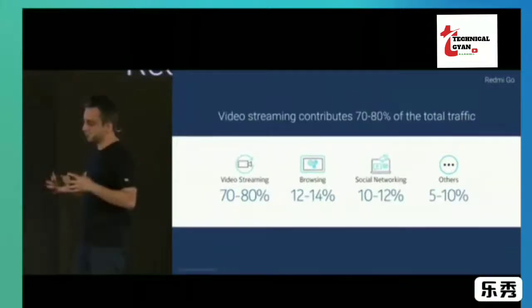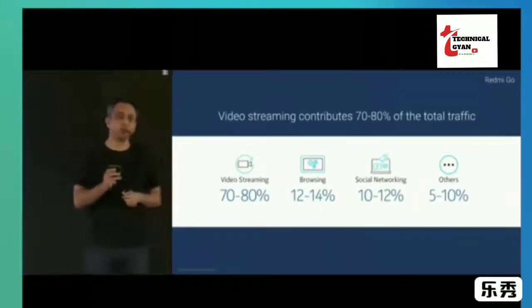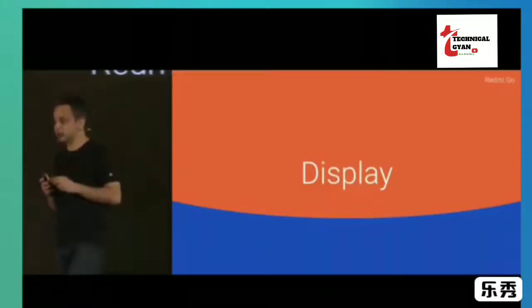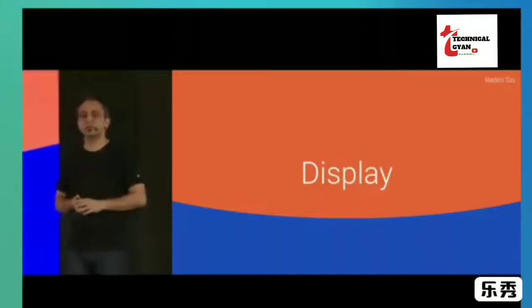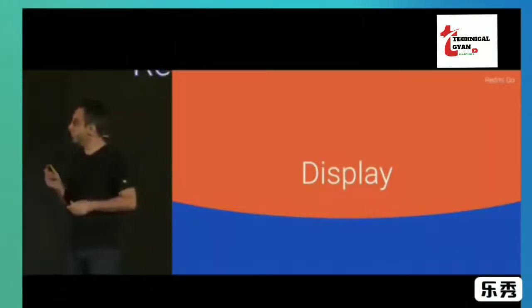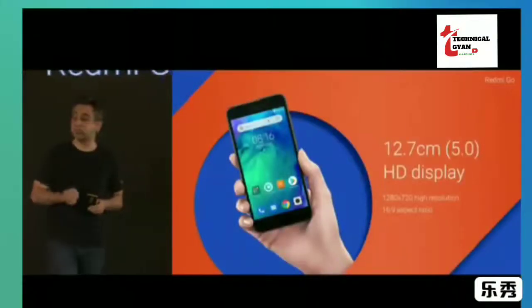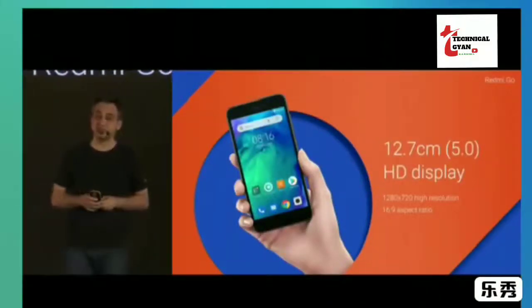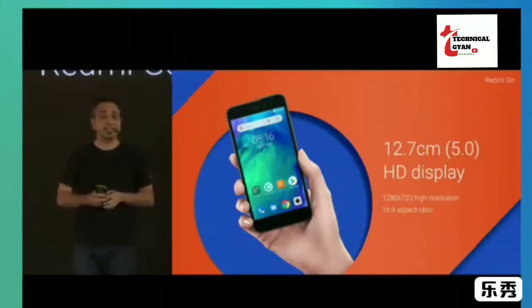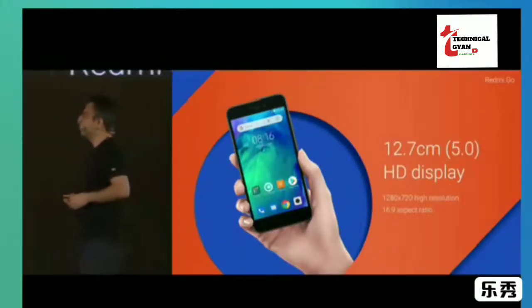So when we were looking at the Redmi Go, we had to get the display bang on. We had to get the display right to give that overall experience to the Redmi Go consumers. So on the Redmi Go, we have used a 5-inch high-definition display. It's bright, it's vibrant, and of course, the most important part, it's absolutely clear.